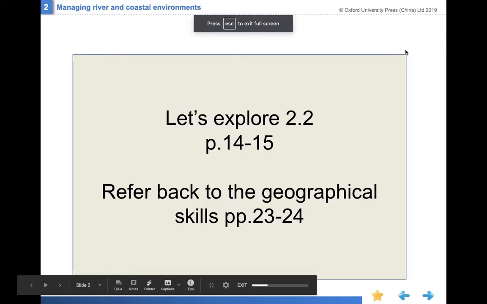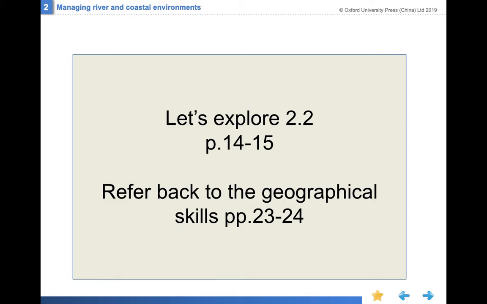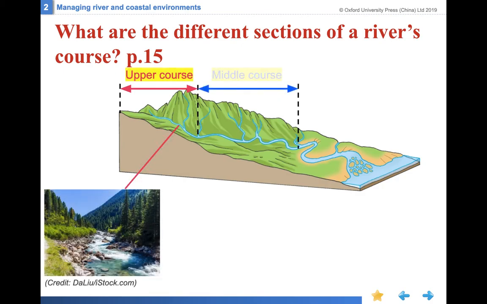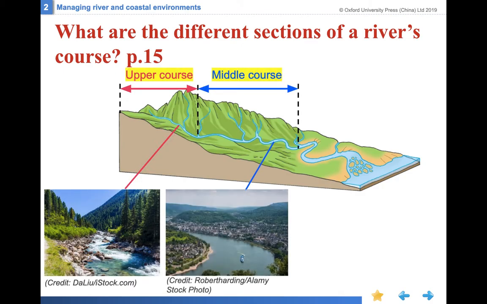to draw the long profile, then we will go to the content knowledge of this chapter. Okay, so first of all, I mentioned about different course of the river. The river actually divided into the upper course, the middle course, and the lower course.